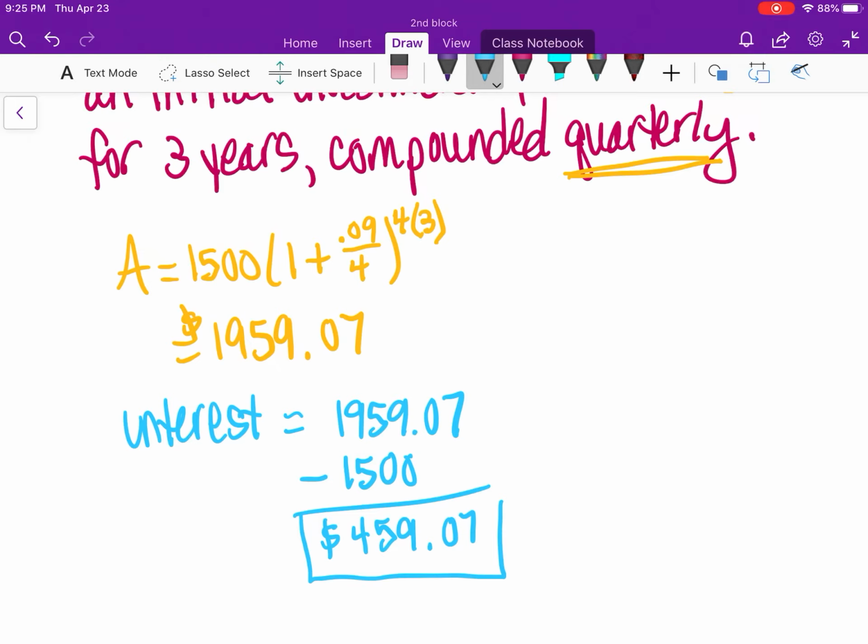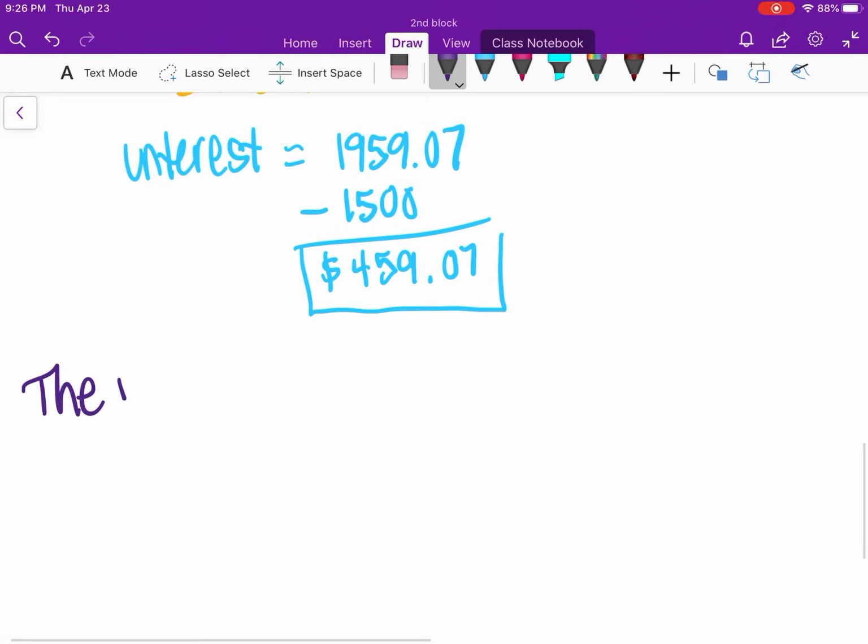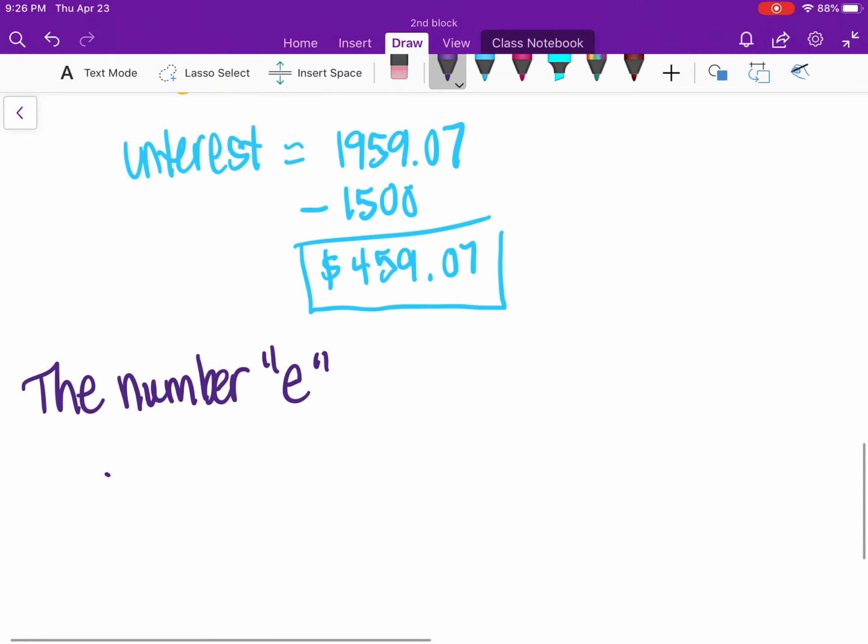Now, the other formula we're going to talk about has a new number that you may have seen in Algebra 2. I know sometimes some Algebra 2 classes don't get to it, but let's talk for just a second about the number E. Okay, E is called Euler's number. It was named after the mathematician years and years ago who figured this number out.